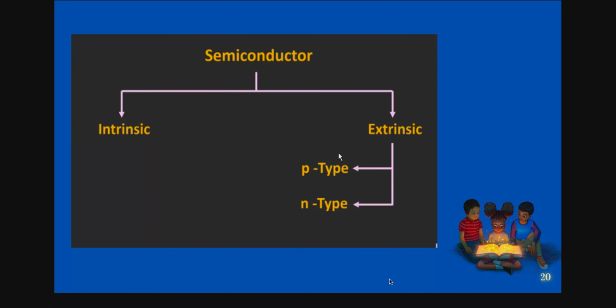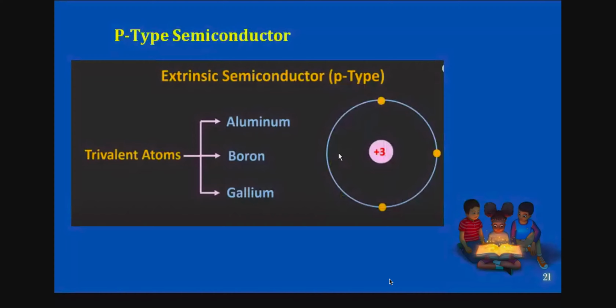So let me take the first one, that is the p-type semiconductor. That means the majority carriers are nothing but holes. So how do you get the p-type semiconductor, and what are the necessary conditions to fabricate p-type semiconductors, right? Here for p-type, you can see the list of elements you can use.